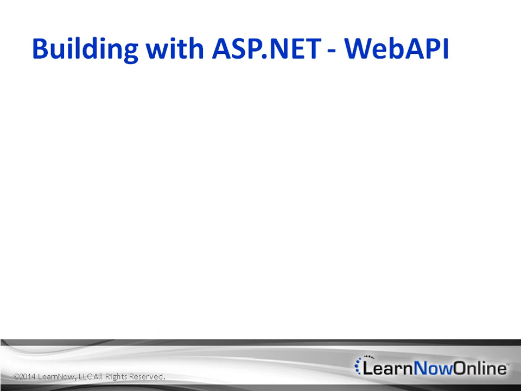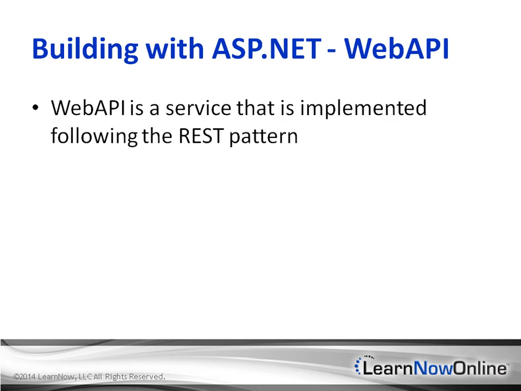Now, building with services, something that may be new to you is what's called Web API. Web API follows a pattern called REST, which is the acronym for Representational State Transfer. Using that, it uses the standard HTTP verbs that the protocol includes, GET, PUT, POST, and DELETE, to do insert, update, and delete of data. And through that protocol, it talks back through JSON.